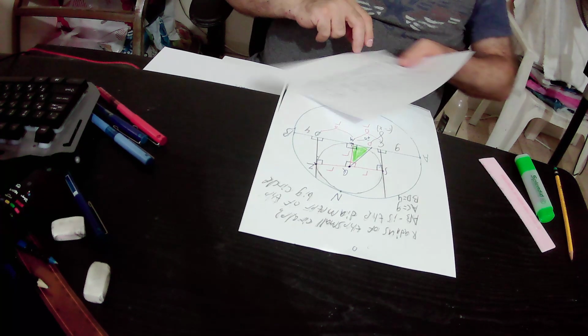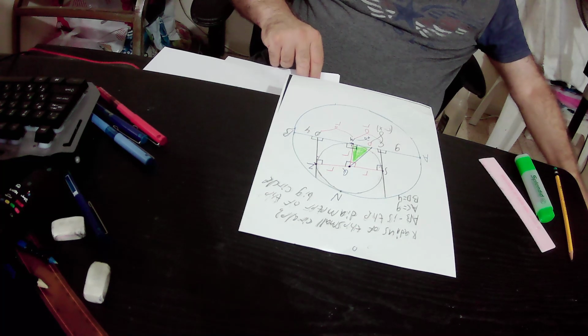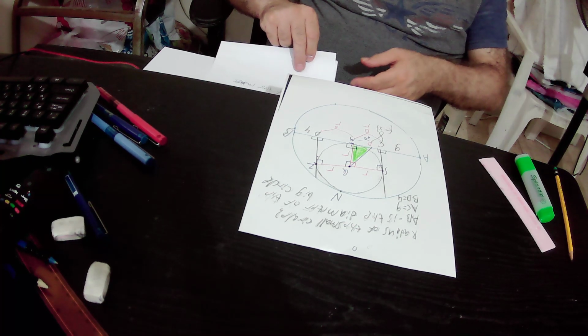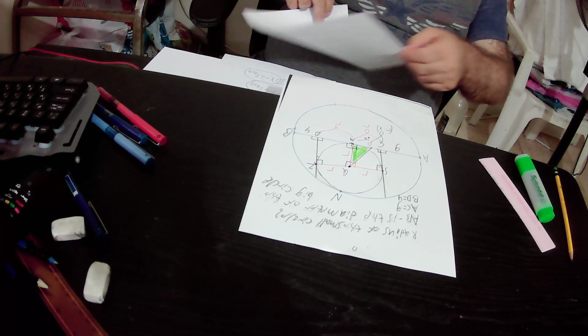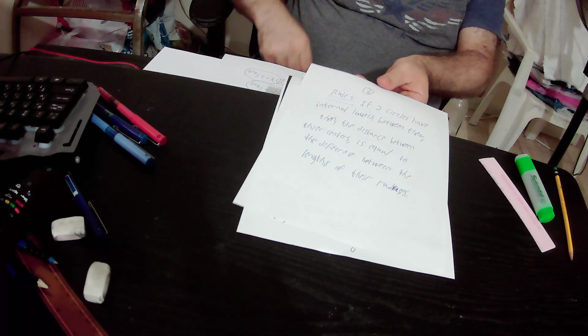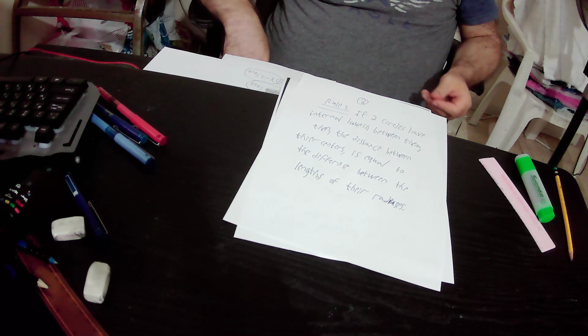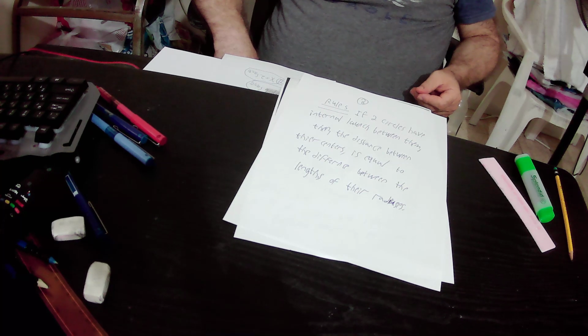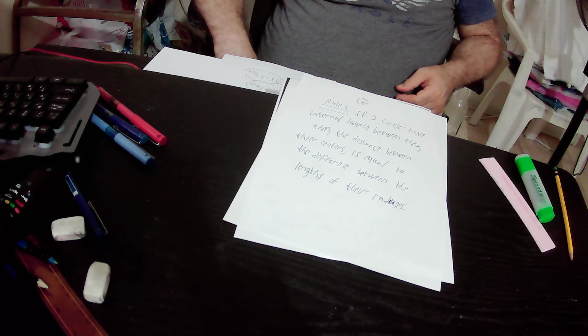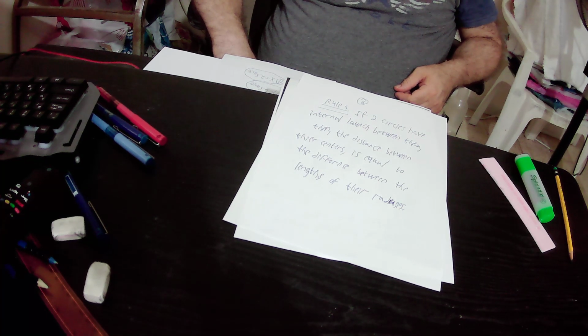Then we presented rule number 5 and implemented it on our two circles. According to rule number 5, if two circles touch each other internally, then the distance between their centers is equal to the difference between the lengths of their radiuses.